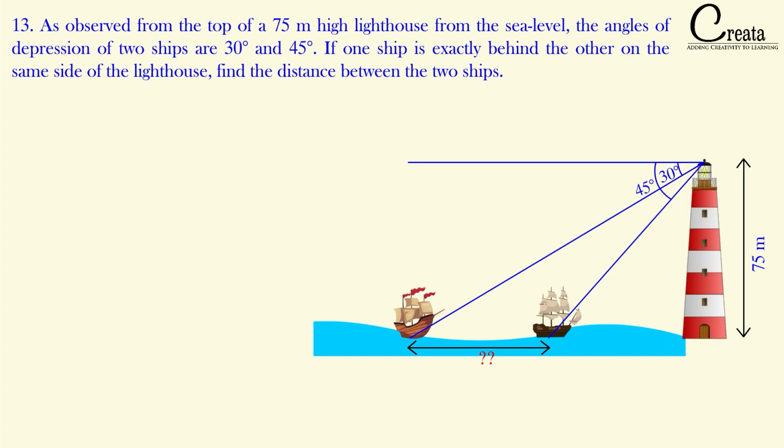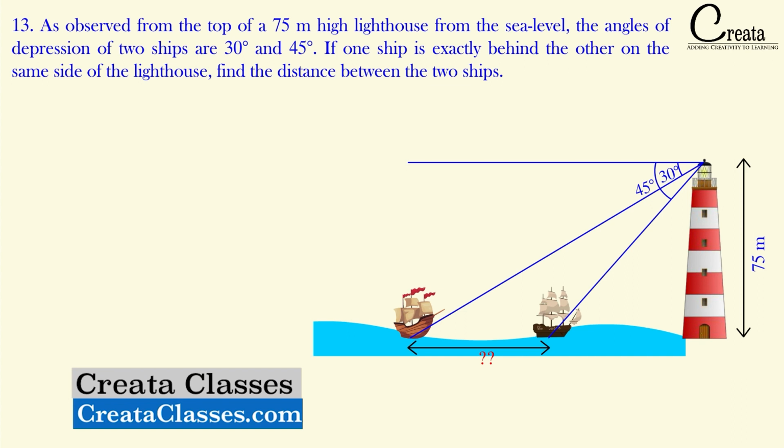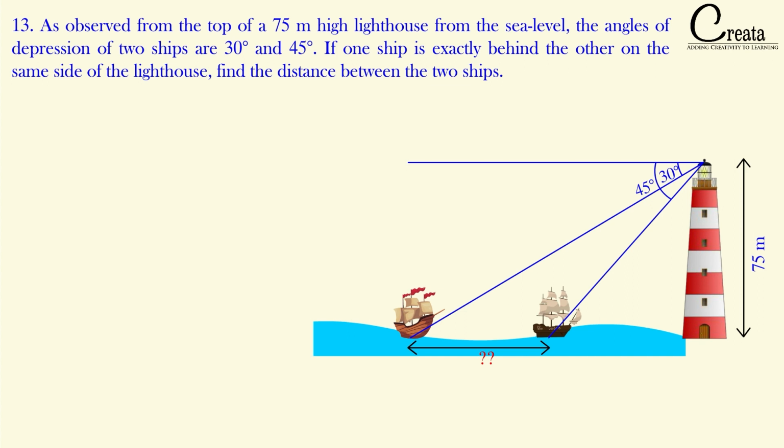A point that you should note is that whenever we have a question with angle of depression, the angles of depression are formed at the top point as we are looking downward. Somehow we have to transfer the angle from the top portion to the bottom portion because our triangles are formed at the bottom portion.